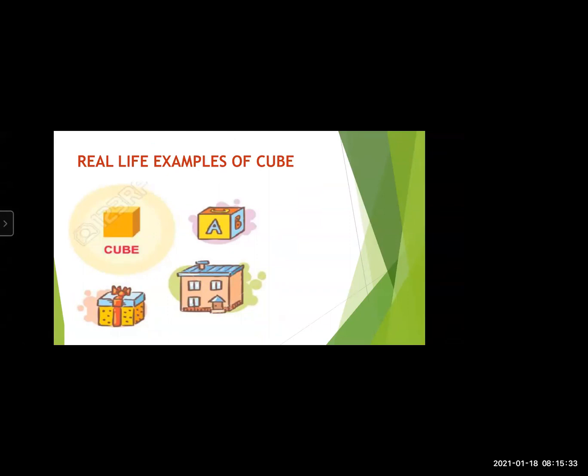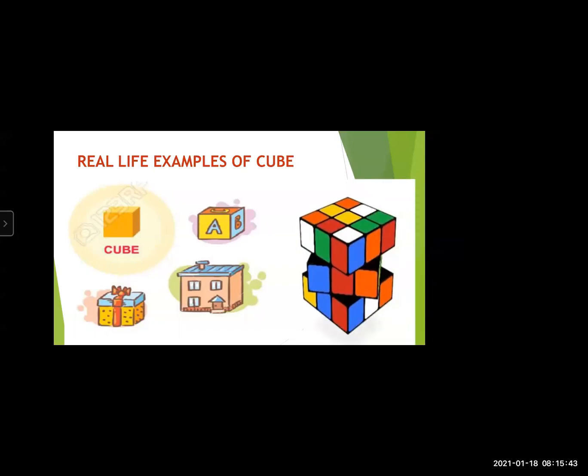If each face is a square, then it's a cube. And here a dice is given and a house. And here see what it is, a Rubik's cube. Many students might know this one, you might be playing with it. It's also an example of a cube.